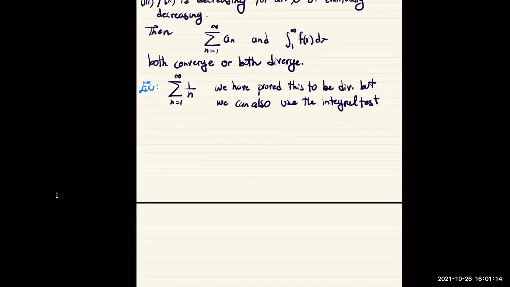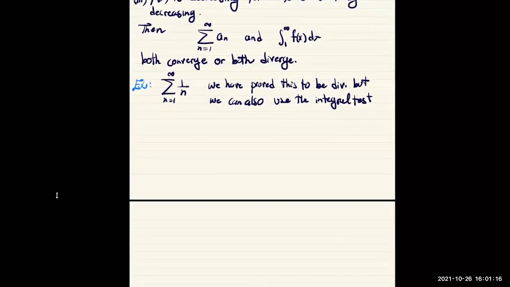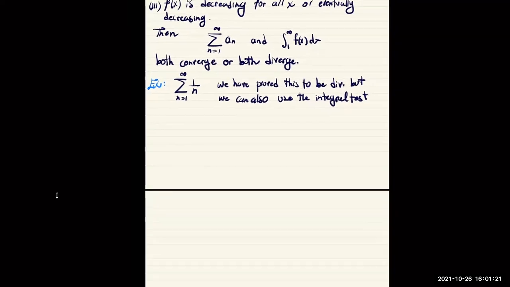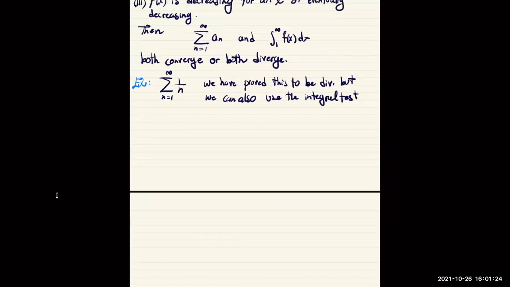okay, so the thing with the integral test again is that you have to check all 3 requirements. All right, so here, notice that a sub n is equal to 1 over n. So we let f of x be 1 over x. Make it a continuous function. The variable n is used when the domain is 1, 2, 3, 4, 5.